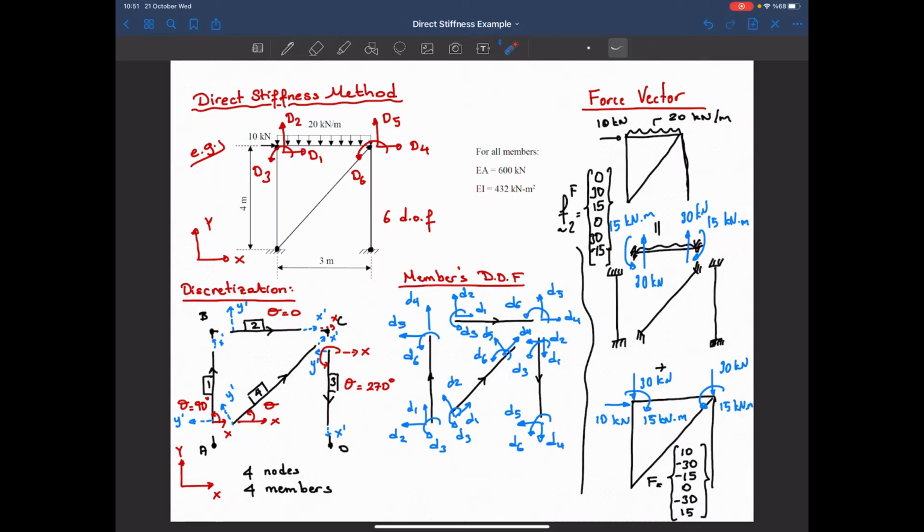All right, now after that process, I have shown all the member and degrees of freedom in their local axis. I calculated all the rotation angles for every member, and I know the fixed end force vector for the whole structure. Now the next step is to determine the structural stiffness matrix.